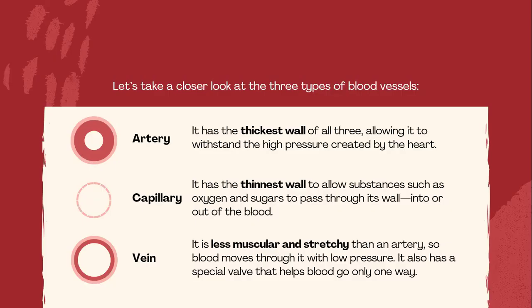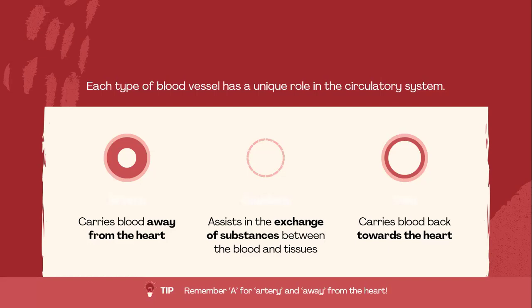Capillaries have the thinnest walls. They allow substances such as oxygen and sugar to pass through the wall into or out of the blood. So basically, arteries carry blood away from the heart, and veins carry blood back towards the heart. Capillaries assist in the exchange of substances between the blood and tissues.